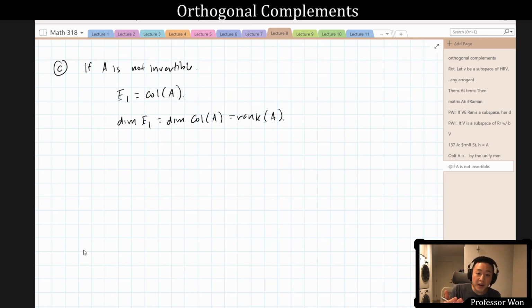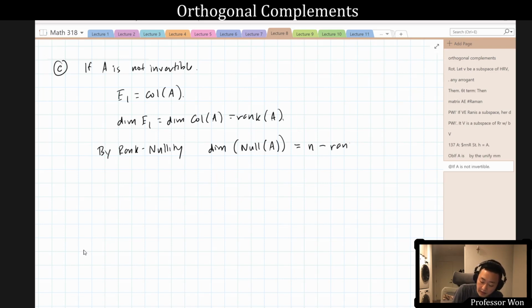And then by the rank nullity theorem, the remainder of the columns will correspond to a basis of the null space, right? So by the rank nullity theorem, the dimension of the null space of A, that's the nullity of A, is equal to n minus the rank of A.